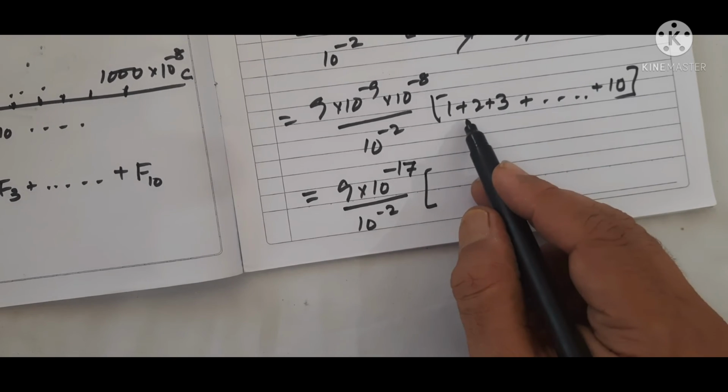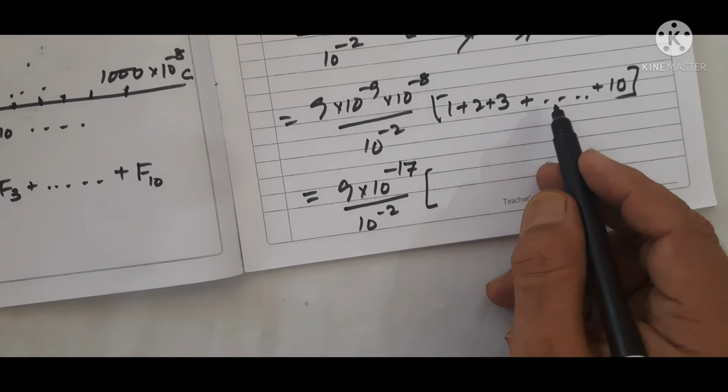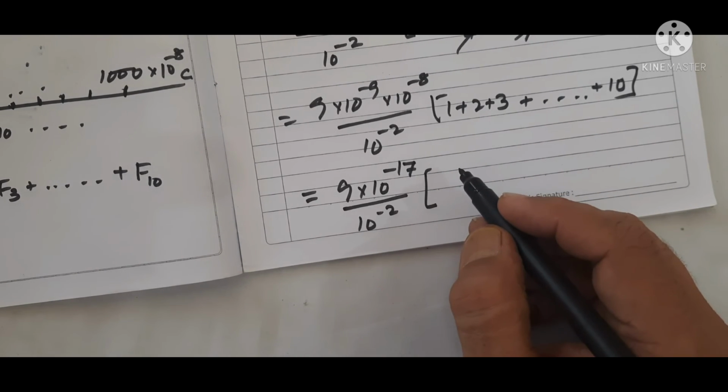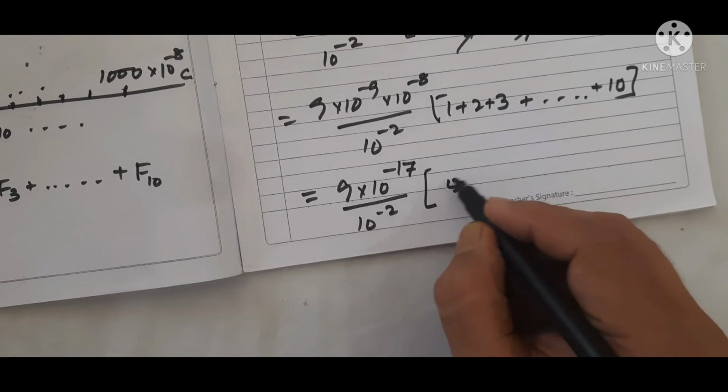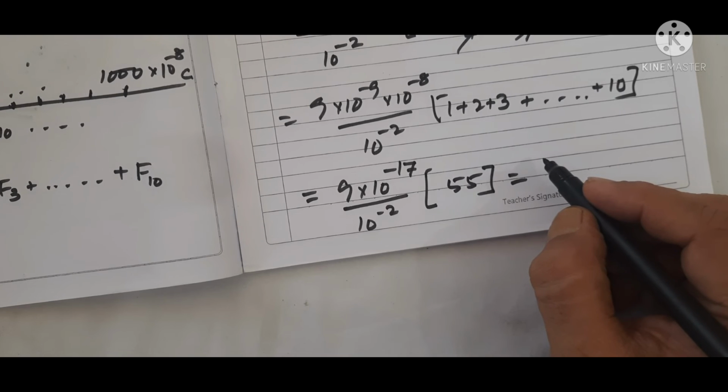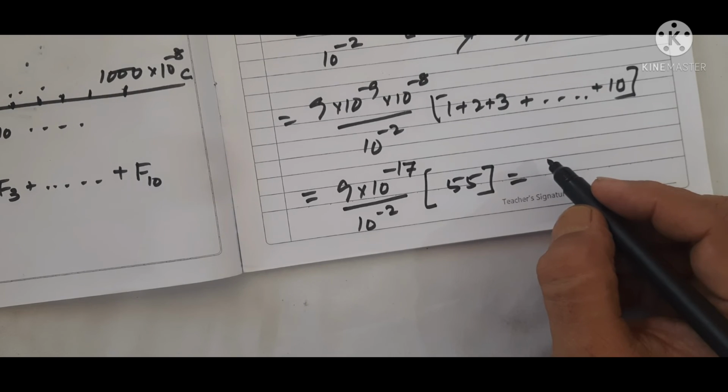If you add 1 plus 2 plus 3 plus 4 plus 5, 6, 7, 8, 9, 10, you will get 55. So just calculate and you will get the answer.